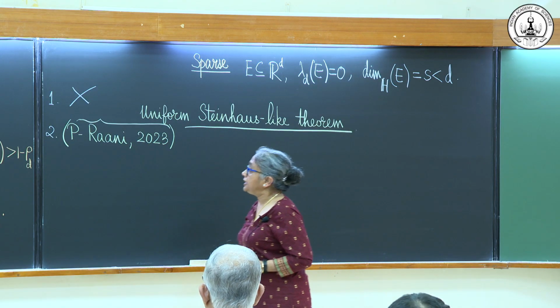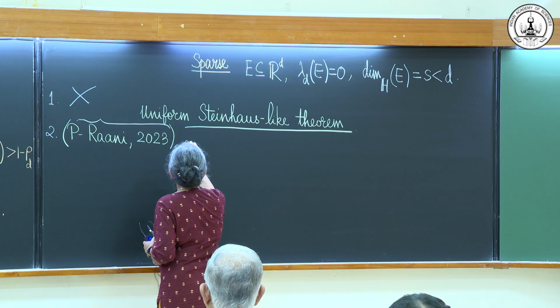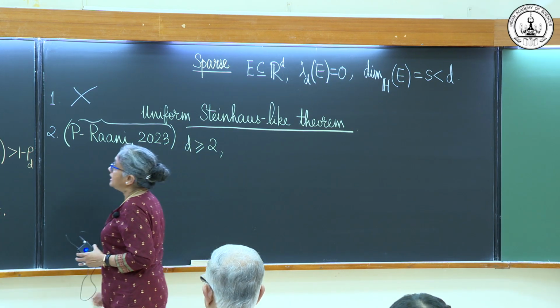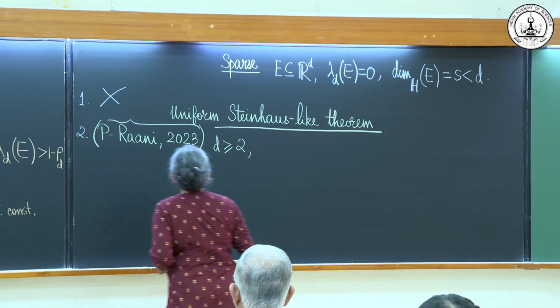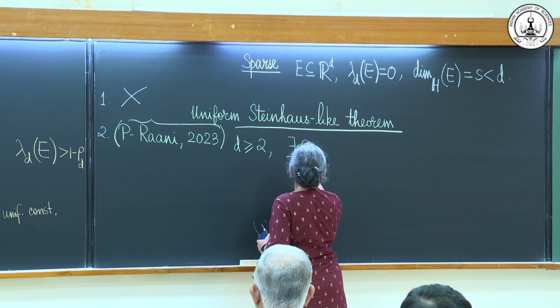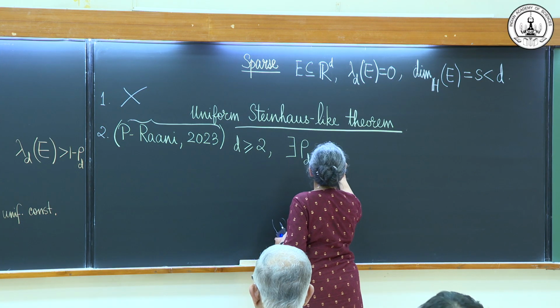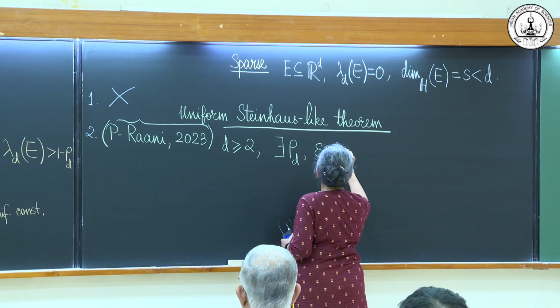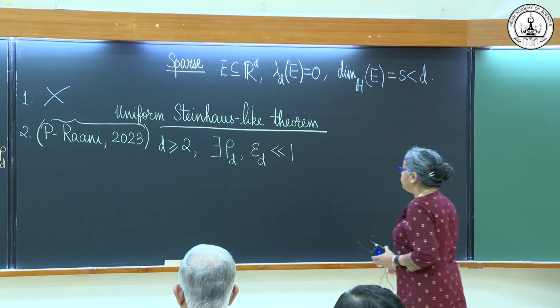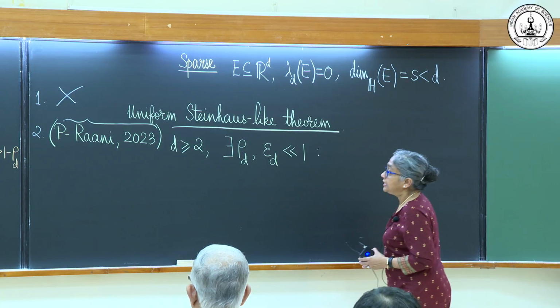So I better be clear what I mean. So this is for d larger than or equal to 2. There, we needed a rho. Here we are going to need two constants, rho and epsilon, both of which are smaller than 1. And they have the following property.